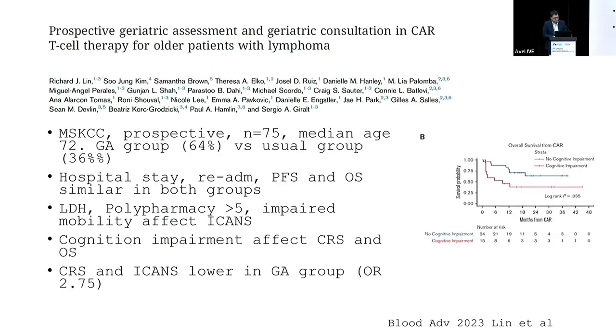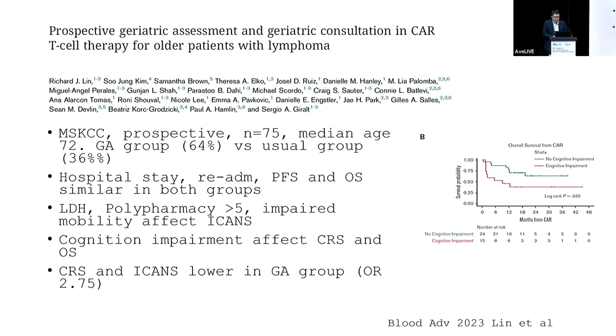Looking at a prospective study from MSKCC New York, patients undergoing CAR T cell for lymphoma, 75 patients, median age 72. Again, this is not randomized, but they had a group of patients who had geriatric assessment and another group that didn't. The result wasn't that remarkable. There weren't any differences in hospitalization stay, PFS, or OS.